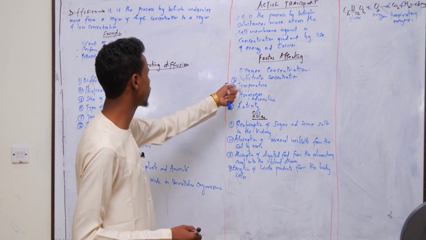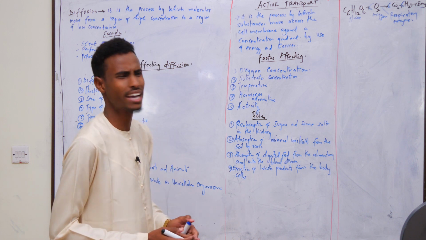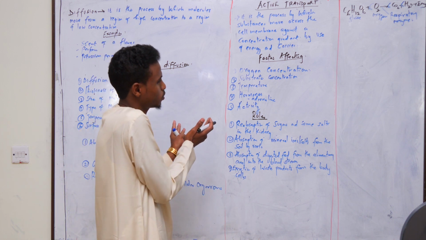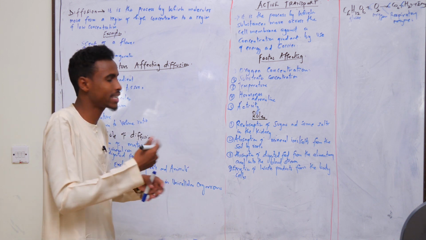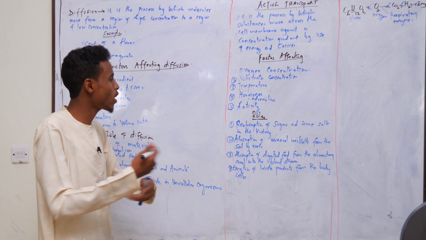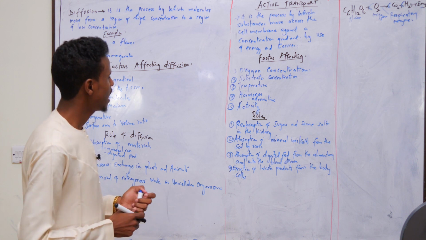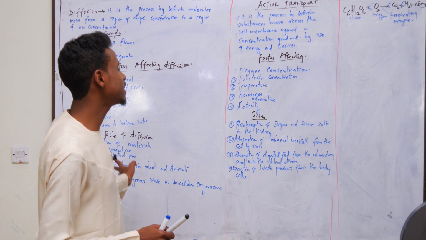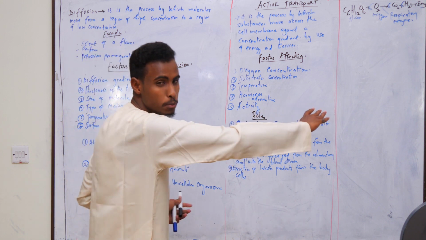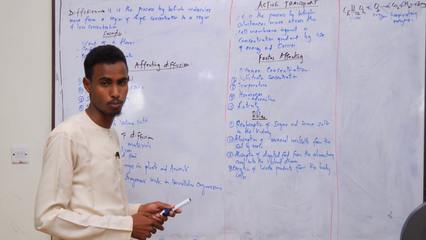Now class, let's go to temperature. How does temperature affect the rate of respiration? Temperature affects the way enzymes work. An increase in temperature towards the optimum increases the rate of respiration. Why?